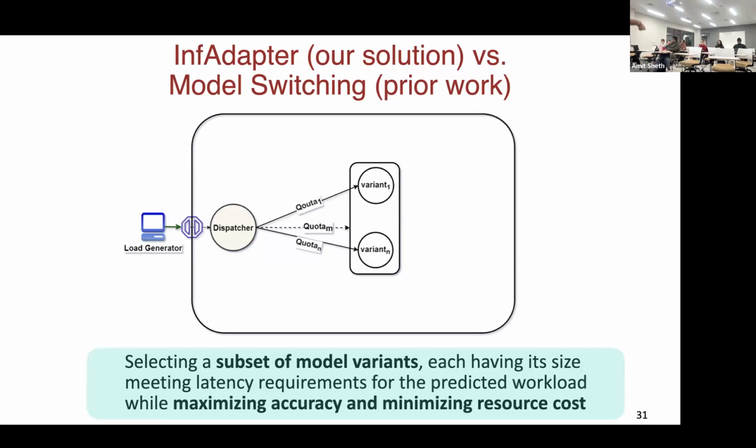The model switching paper switches between different variants of the same architecture. For example, their solution sometimes uses ResNet 152, which is bigger, for classifying maybe types of animals which have more variations, and sometimes switches back to ResNet 18 because it is smaller.